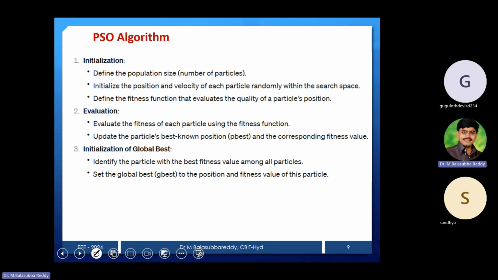We find the fitness and all. Then we go for the crossover operation and mutation operation until the stopping criteria is reached. Then we stop that process.